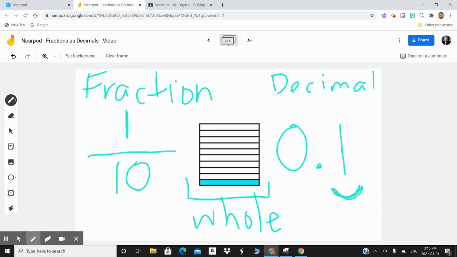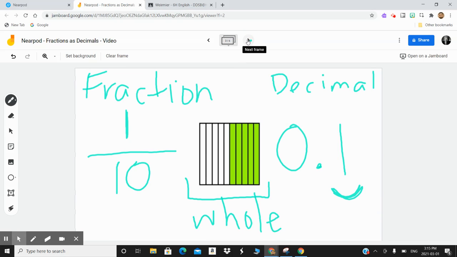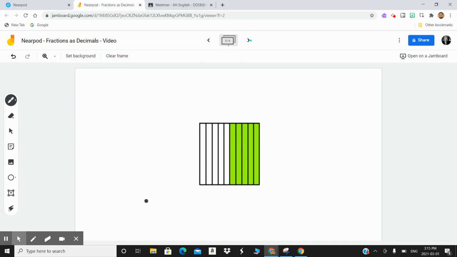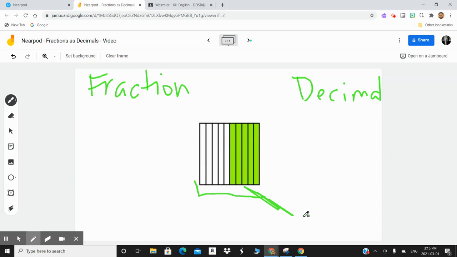Let's look at the next one. So on our next slide, same thing. We're going to do the fraction and the decimal of the shaded part. So we'll count. These are still tenths, right? This is my whole.